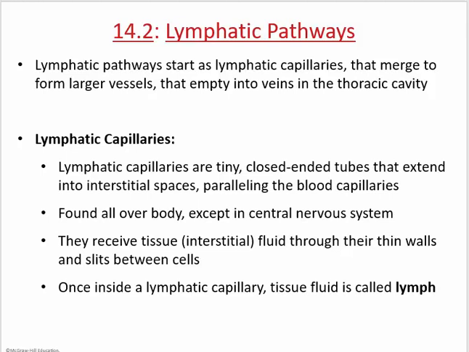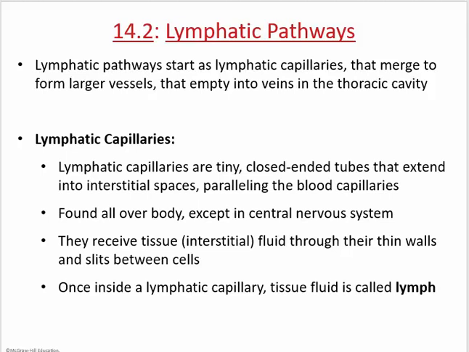Lymphatic capillaries are closed-end tubes that extend into the interstitial spaces, and they have flaps, these openings in them, that get pulled open when there's excess interstitial fluid, and the fluid can enter the capillaries and become lymph.